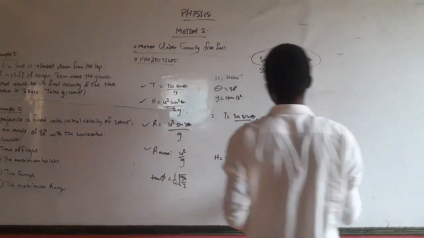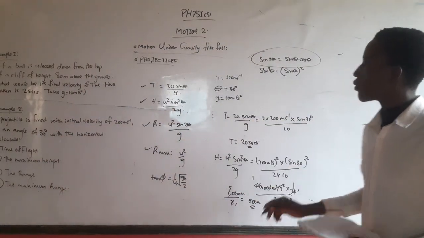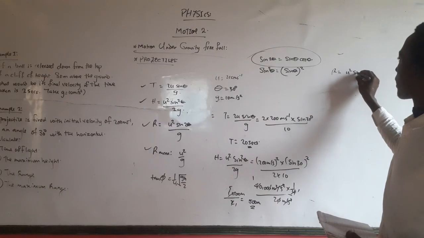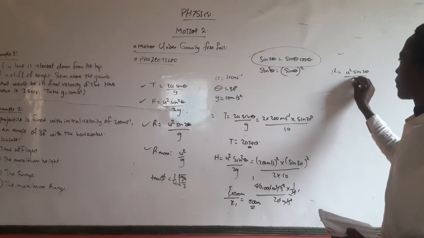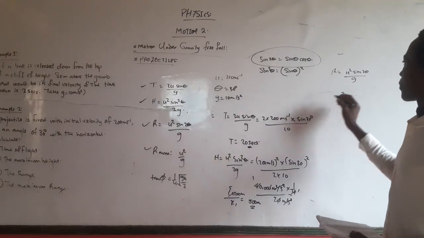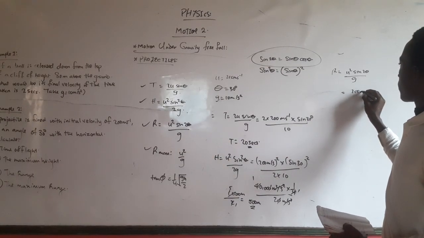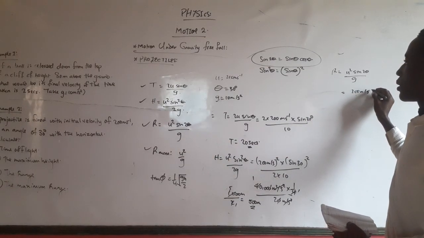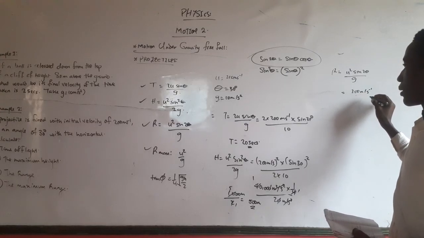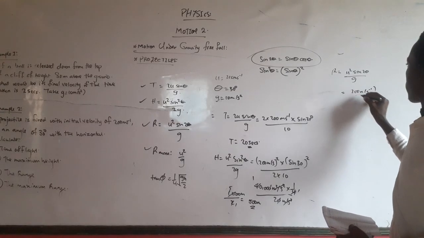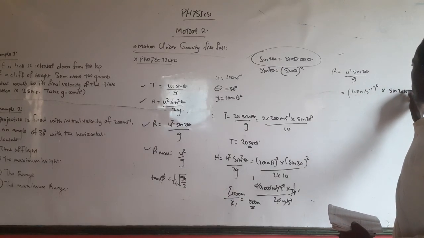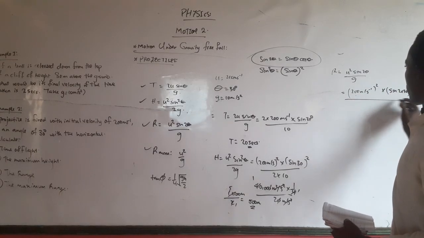Looking over here, let's solve for the range. The R is given as u squared sine 2 theta over g. So what was u squared? U squared is 200 meters per second, squared, multiplied by sine 2 multiplied by 30, over 10.